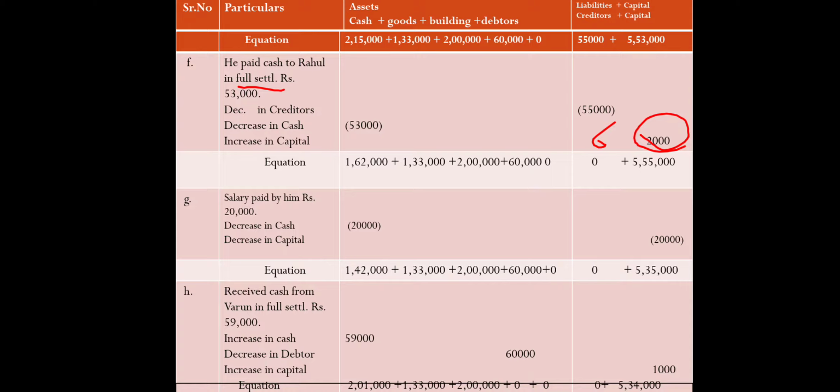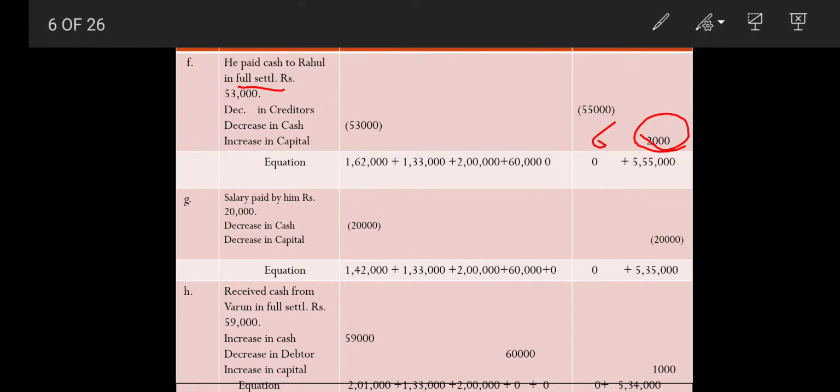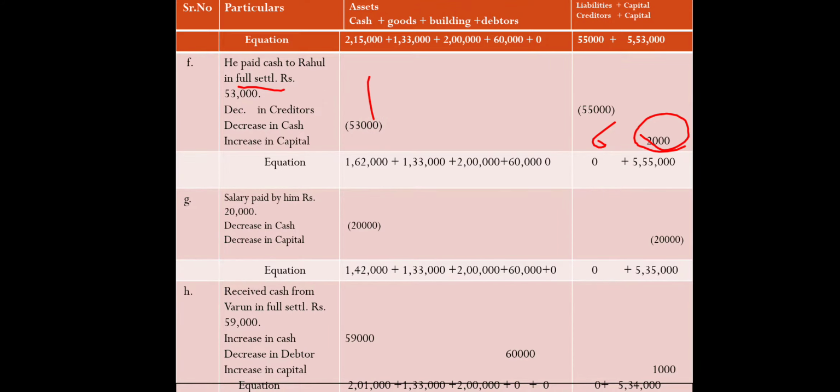So this way in our equation, you are losing 53,000 of cash from the activity done with Rahul, that is 53,000 reduced, and at the same time 55,000 is reduced from your creditors, and you increase capital by 2,000. Now switching to the next part, that is salary.